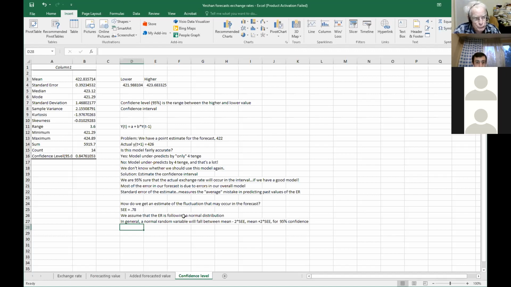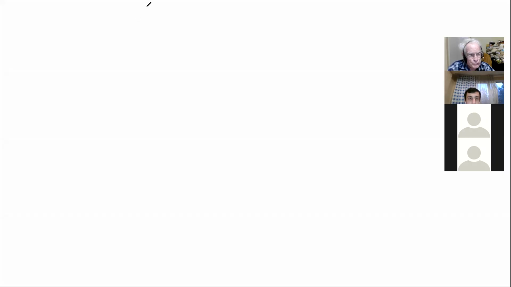So before we estimate this confidence interval, let me just for a moment go back to a graph that may or may not help, depending on my skill as a graphic designer.